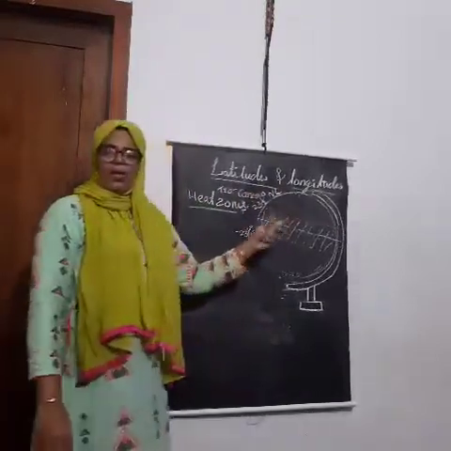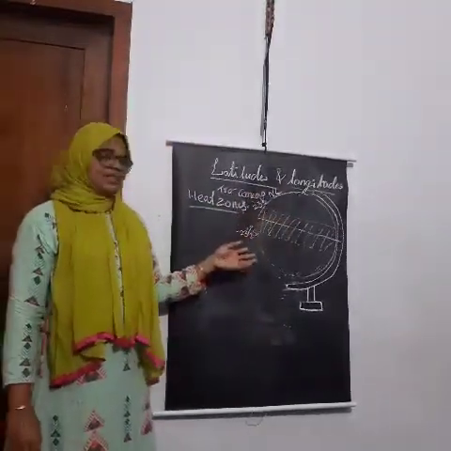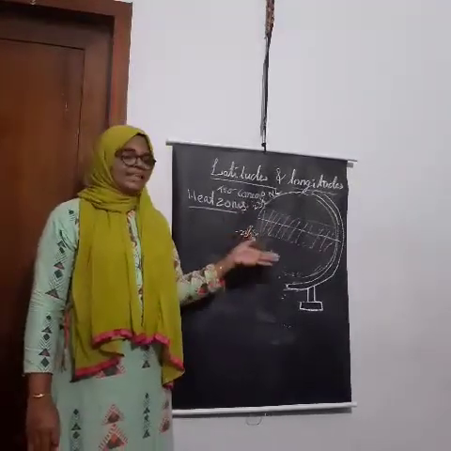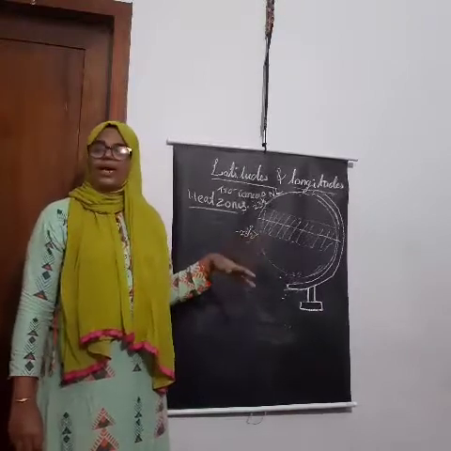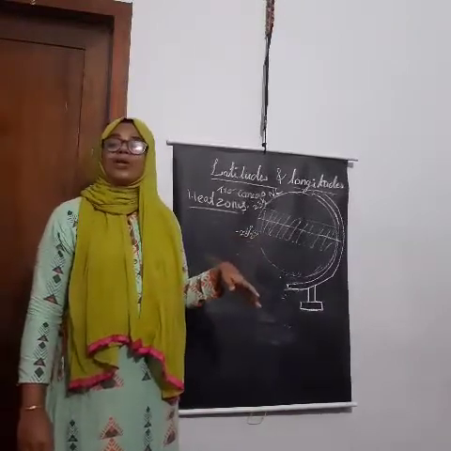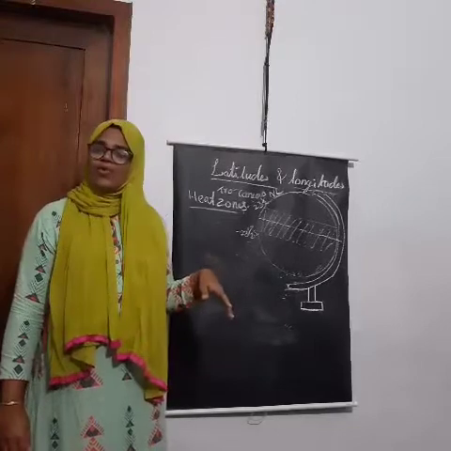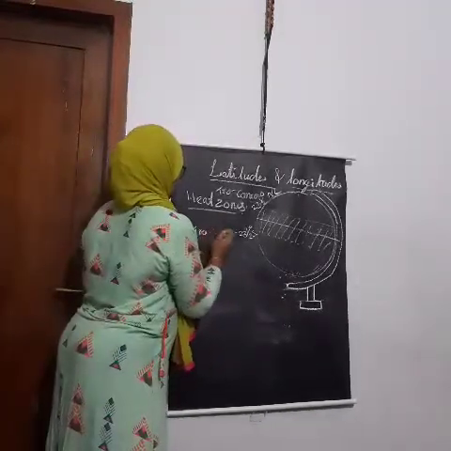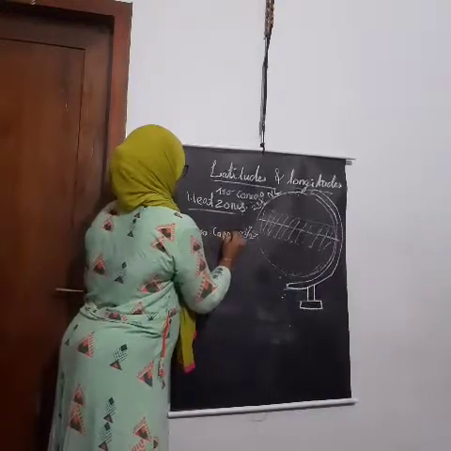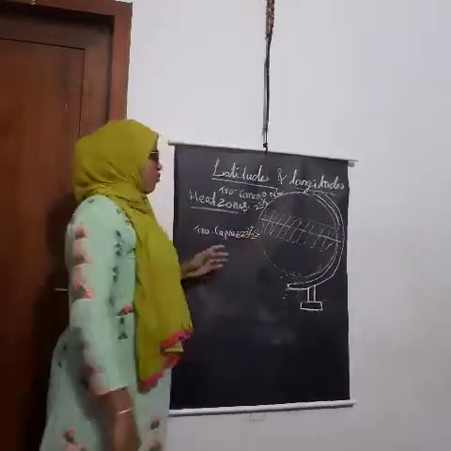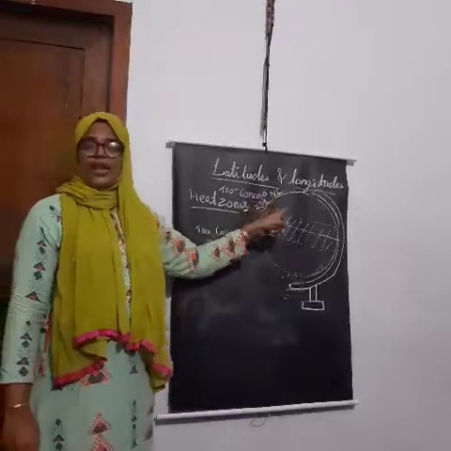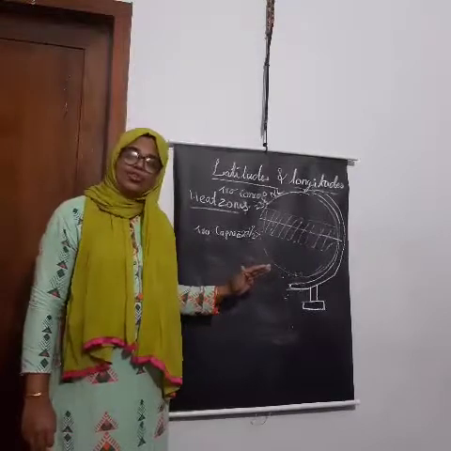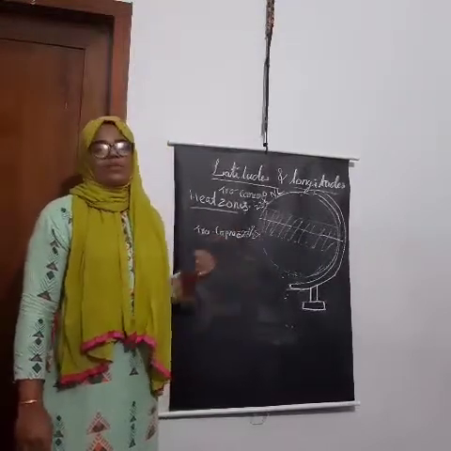And again, on the opposite side, minus 23.5 degree south latitude is called Tropic of Capricorn. Tropic of Cancer, 23.5 degree north latitude. Tropic of Capricorn, minus 23.5 degree south latitude.